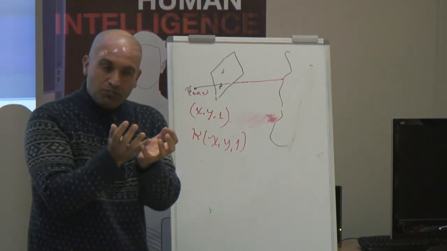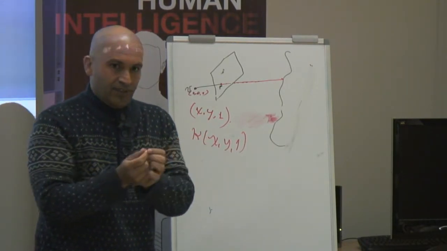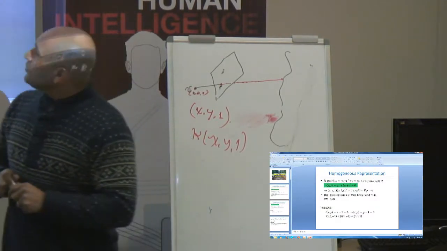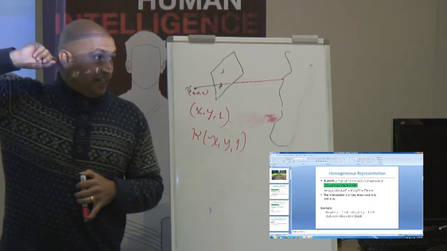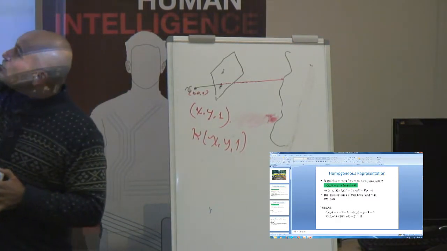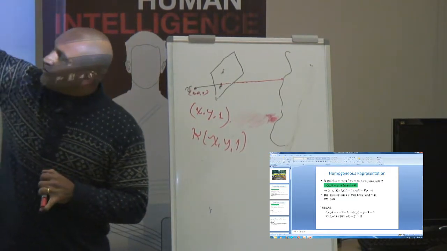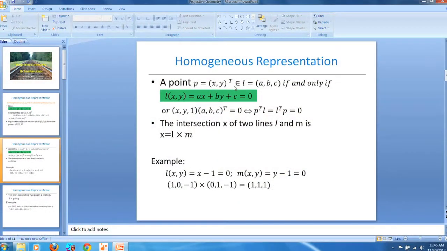This is the motivation behind projective geometry. There is a nice thing about it: any point x, y in 2D belongs to a line ABC if and only if ax plus by plus c equals 0. We write the point as x, y, 1, adding the 1, which reminds us of the homogeneous coordinates we learned in simple geometry.